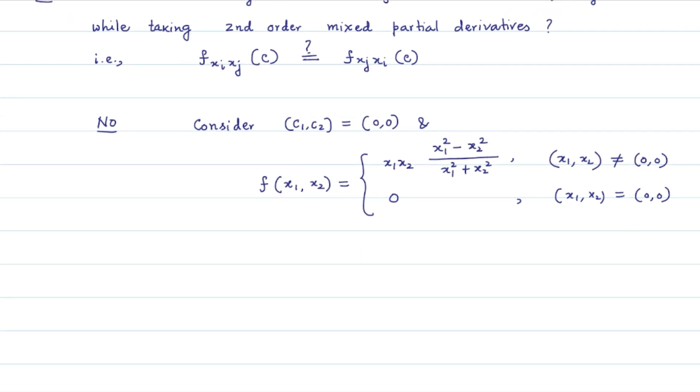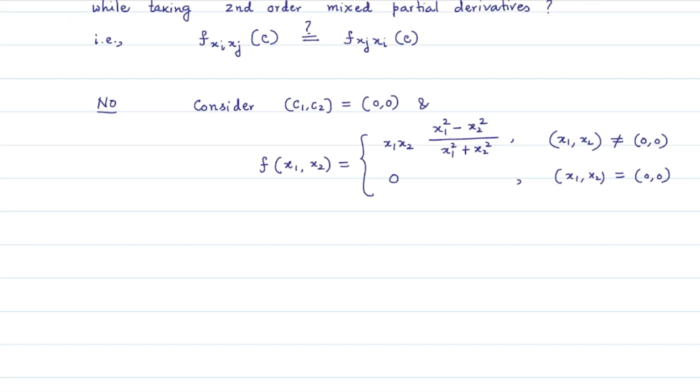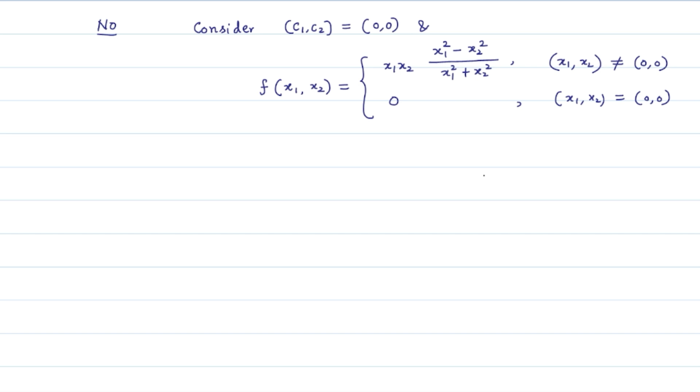For this function, if we go for calculating the second order mixed partial derivatives, then we notice that we need to calculate f_x1x2 at origin and also f_x2x1 at origin.